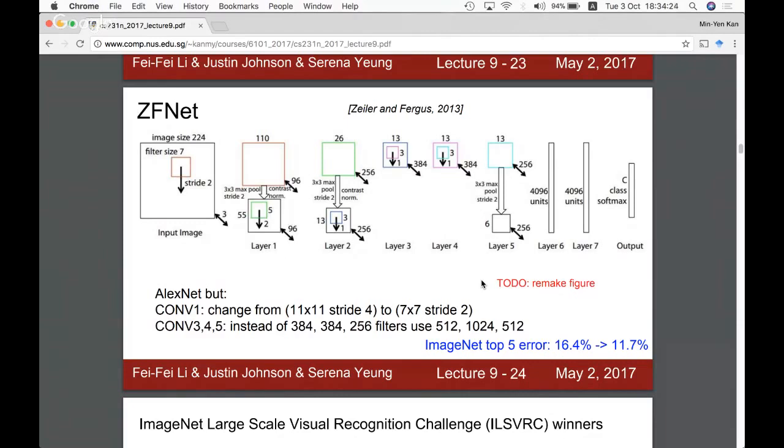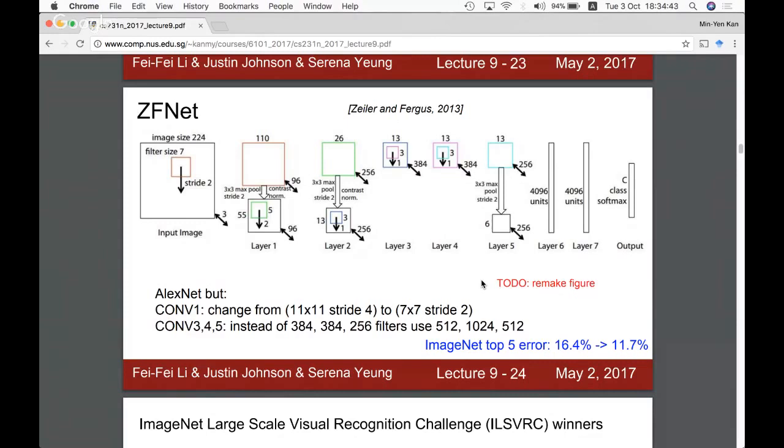No, I don't think that's accurate. I think that would be the same as this one, the 11 by 11 to 7 by 7. When you're increasing the number of filters, you're basically admitting the possibility that there are more different types of features, different textures, or different edges you're trying to capture.